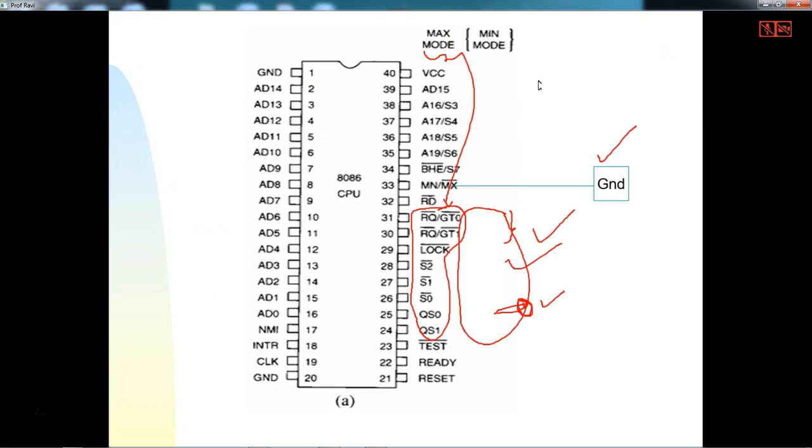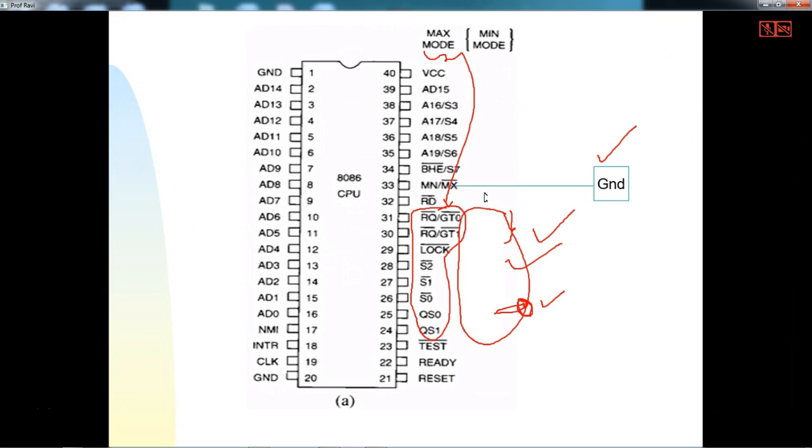So you can connect the 8087 co-processor in maximum mode. We need this for doing floating point operations, but to accommodate one more processor, the pin functions vary. So the 24 to 31 pin functions are different.